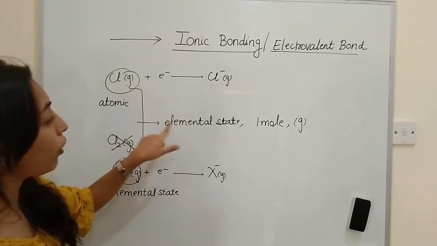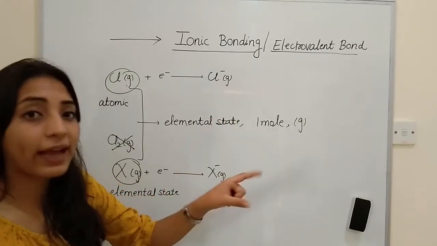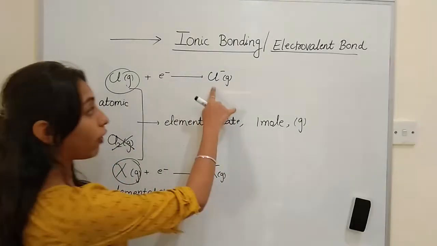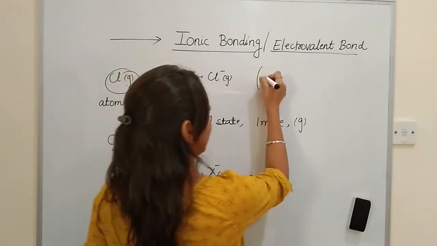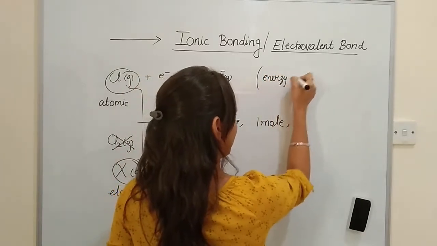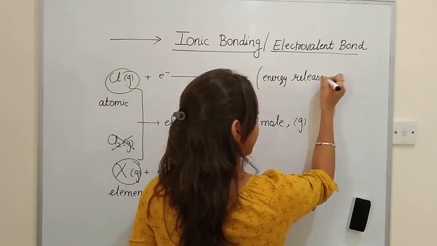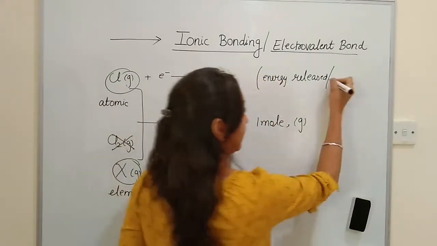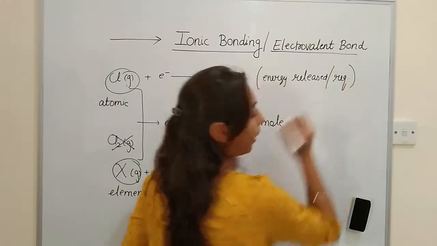So when 1 mole of gaseous isolated atom gains an electron to form gaseous anion, energy may be released. This is also possible that energy may be required.